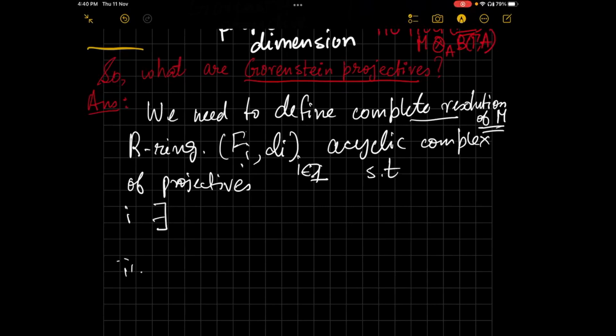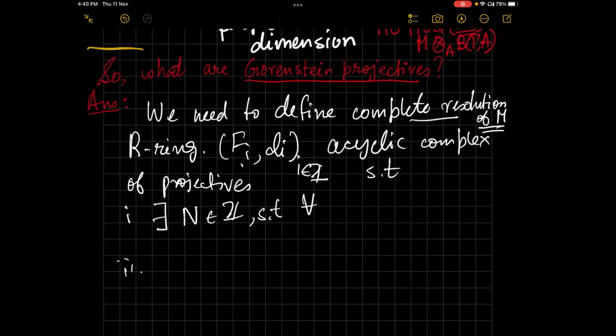So there exists an N such that for all n bigger than this N, okay, I need to say something else actually. We fix a projective resolution of M. I don't need to say all these things, but I'm just trying to be a bit more formal here.